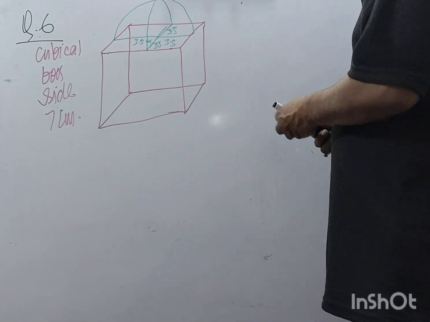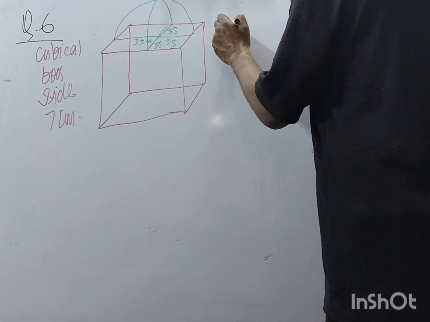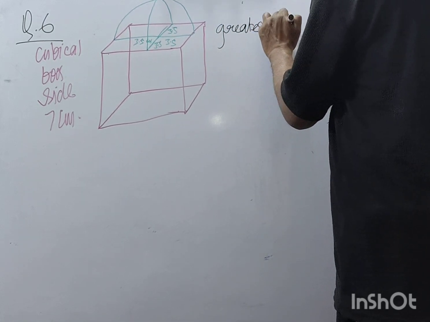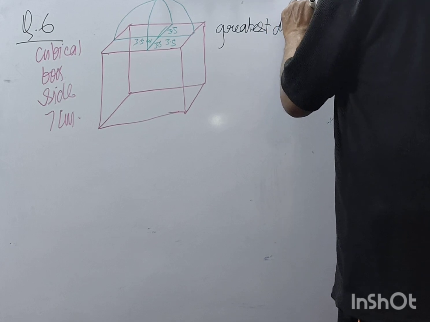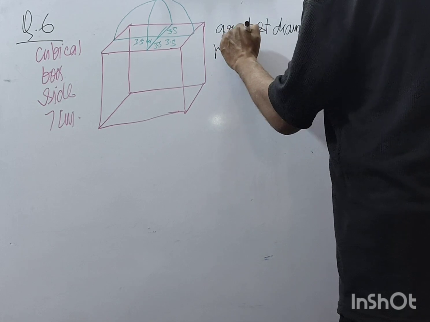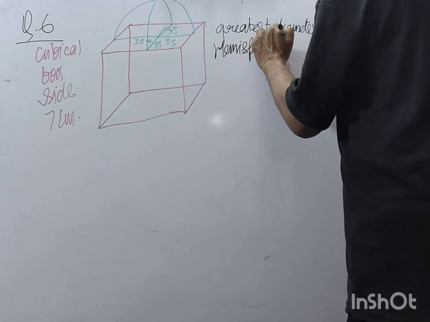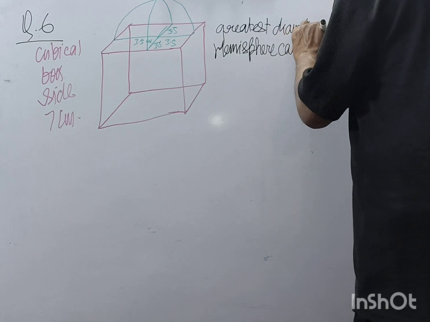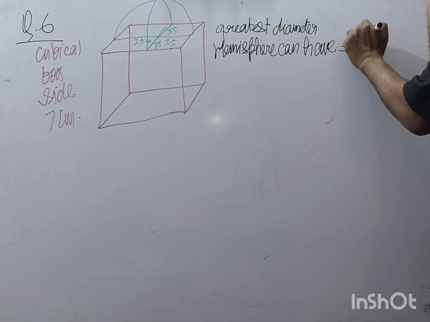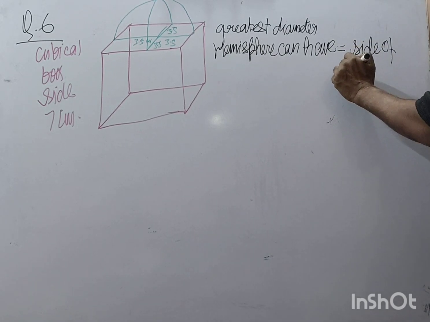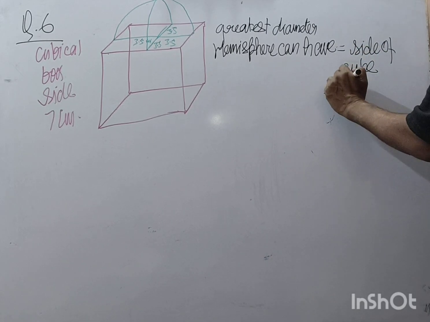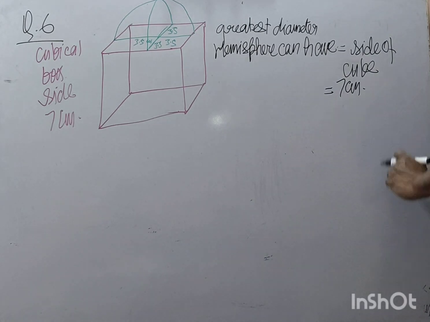So greatest diameter the hemisphere can have is equal to the side of the cube, that is 7 centimeter. Right. This is the first answer.